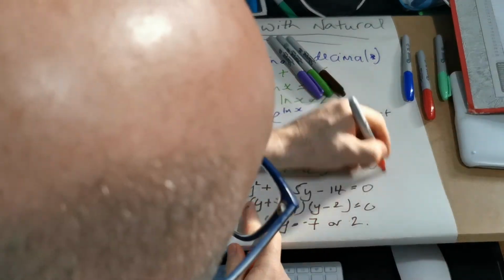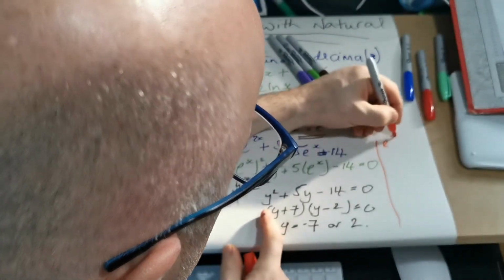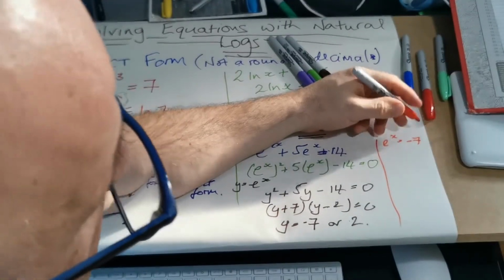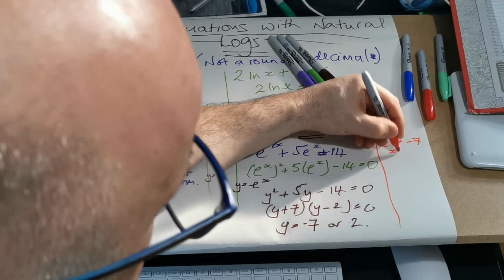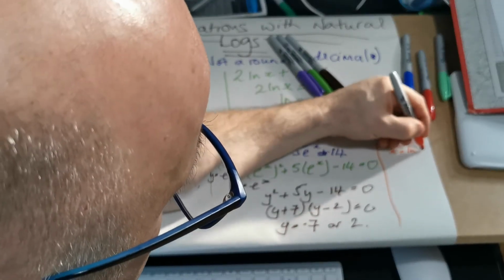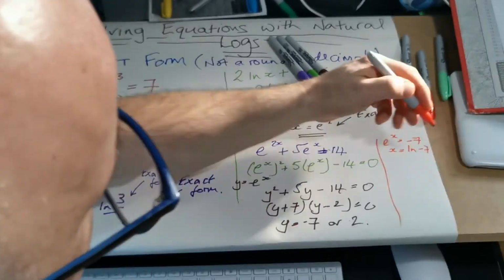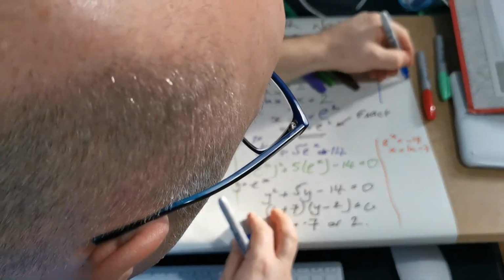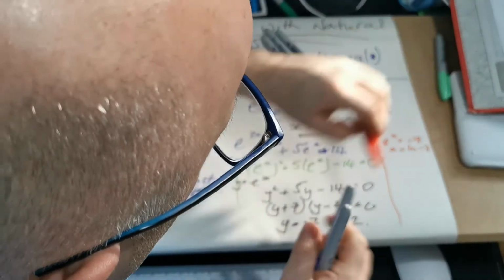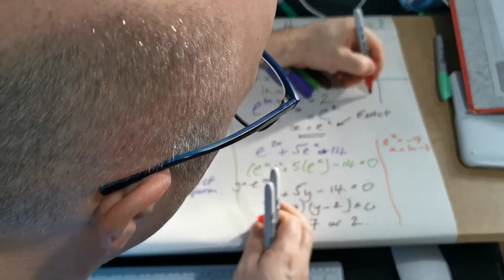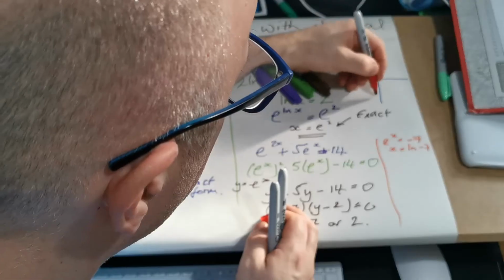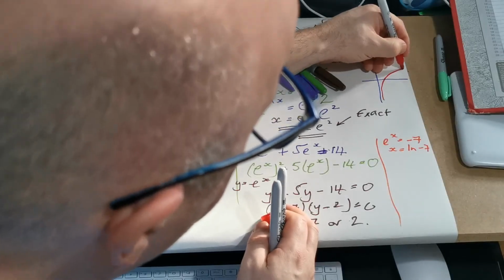And then just polishing that off, so e to the x is equal to minus 7. Taking ln to both sides, I get x is equal to ln of minus 7. And actually that doesn't exist. If you look at the graph of ln, it comes like that.